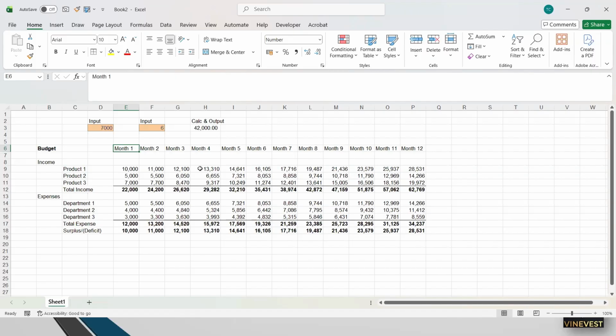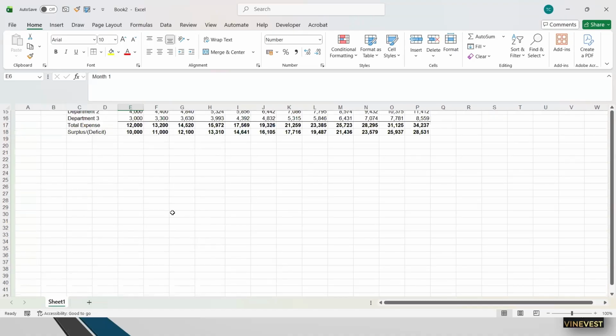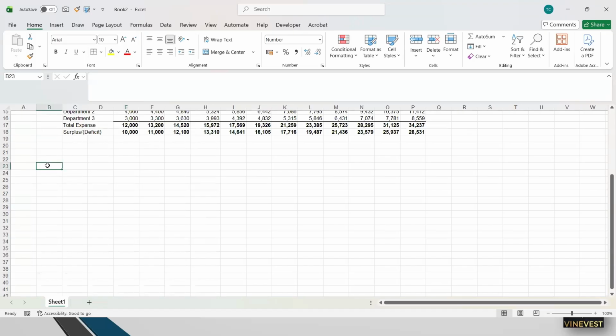Can we still do that? Yeah, okay. So let's do a simple forecast, right? So look at it.